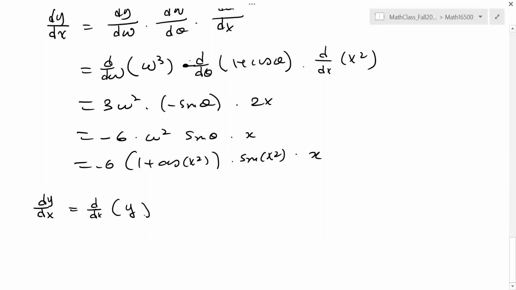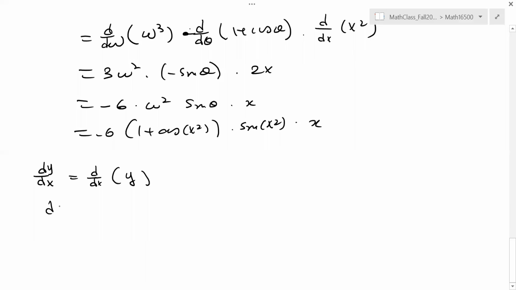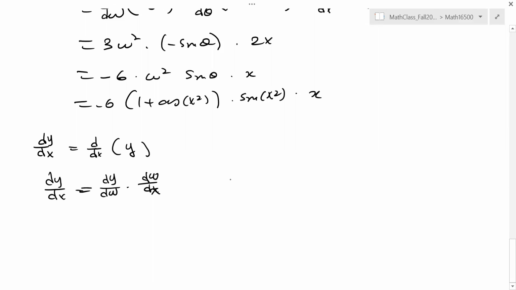Okay, so actually, this is the same as the derivative of y with respect to x is going to be the derivative of y with respect to w, and the derivative of w with respect to x.